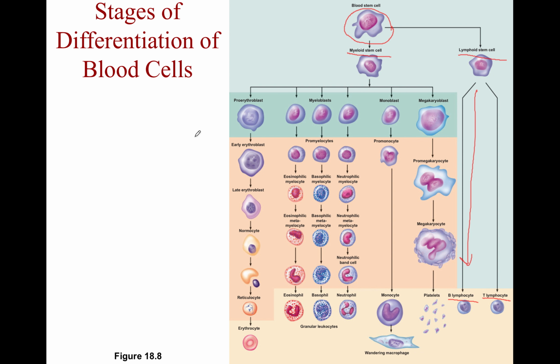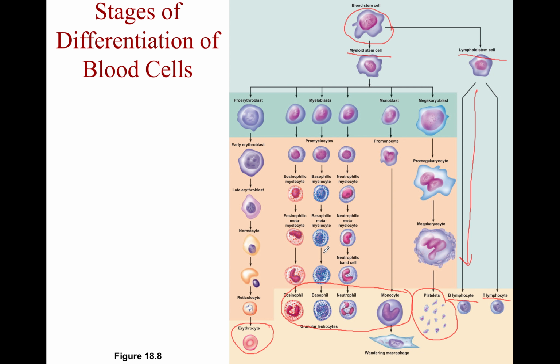The myeloid stem cell undergoes its own change. One of these changes produces your red blood cells. The other produces the other four main categories of your white blood cells, which are monocytes, neutrophils, basophils, and eosinophils. And the last breakdown of these stem cells produces your platelets.